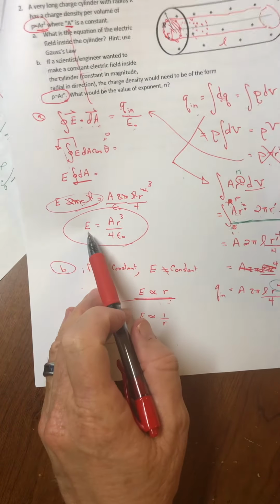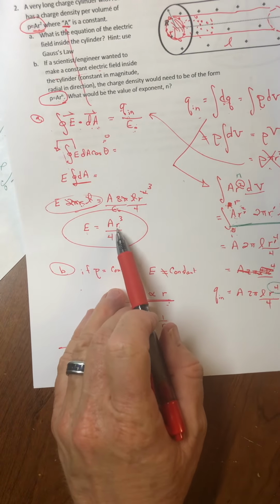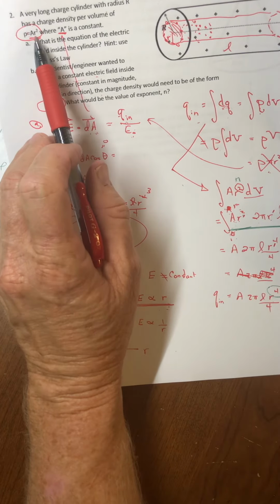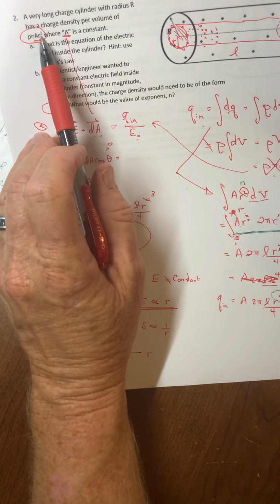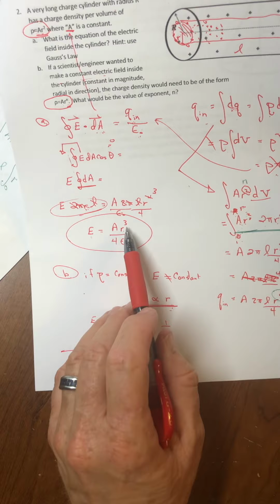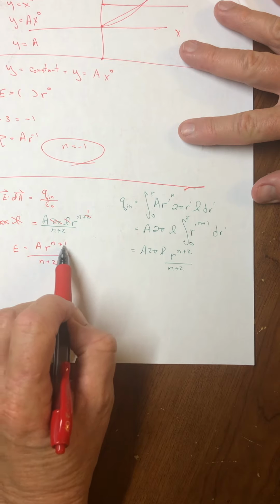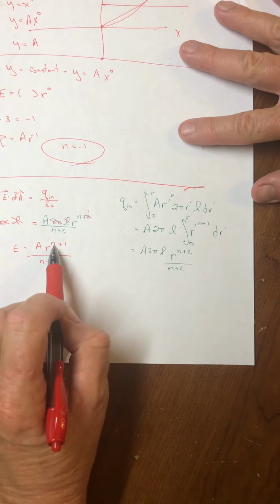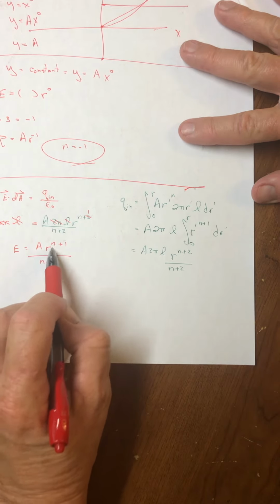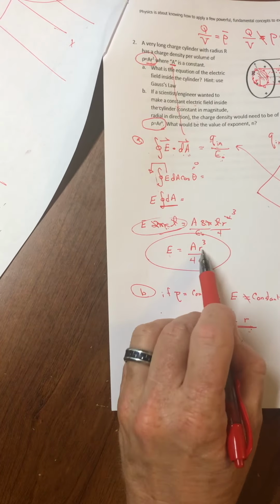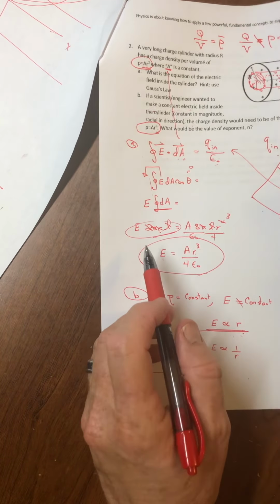And of course you can see that in what we got for our answer in A, because we had a density that was raised to a power of 2. So n would be 2, and you add 1 to it, you get a 3. Sorry, this one right here, n plus 1. So in part A, that was a 2, and 2 plus 1 gave us an answer of r to the 3rd power.